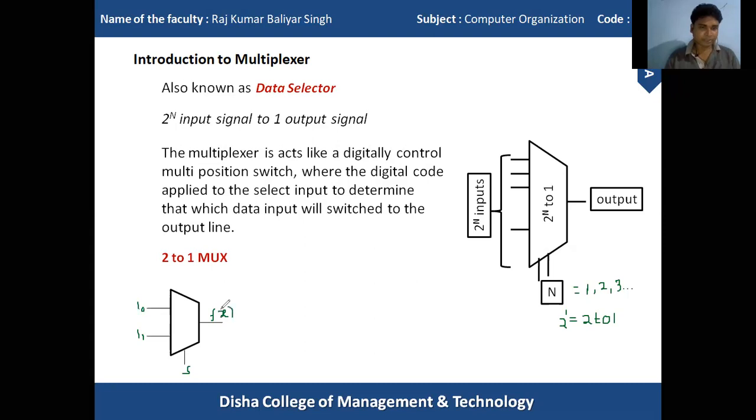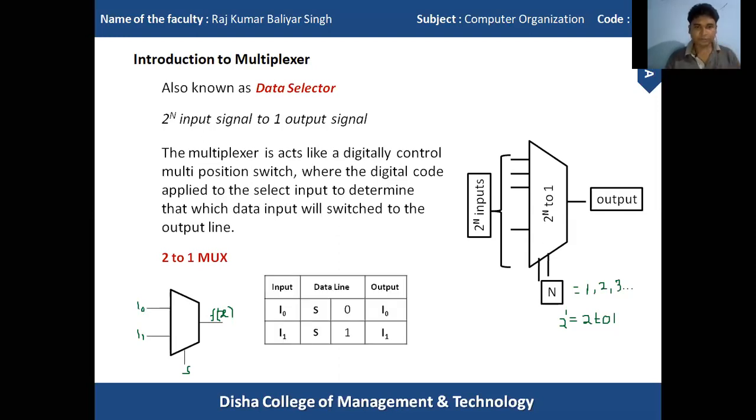That means this multiplexer will function as a combination of both input lines and the select line. So we have to think about the function table, or the excitation table, of the 2 to 1 mux. From this table, S is the select line and it is a single line, so it can take either 0 or 1.